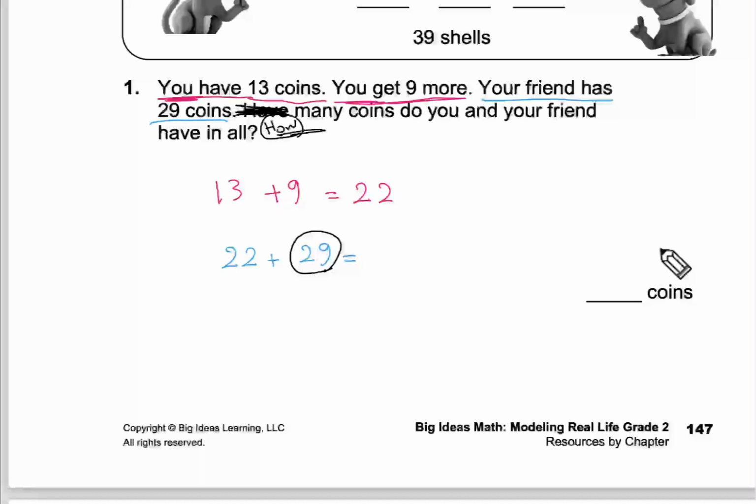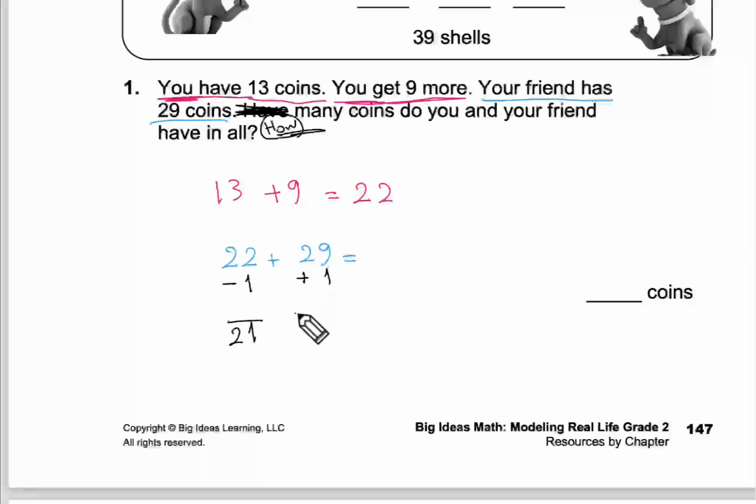Let's make it 30. Yes. Okay, we need to add 1 to the 29 to make it 30, right? So we take 1 from the 22. The 22 will be 22 minus 1, 21.